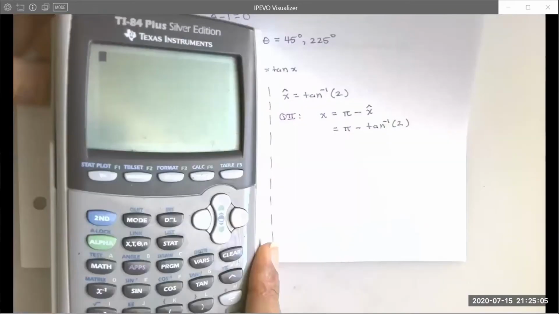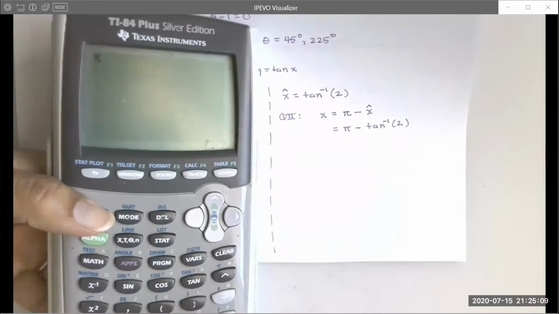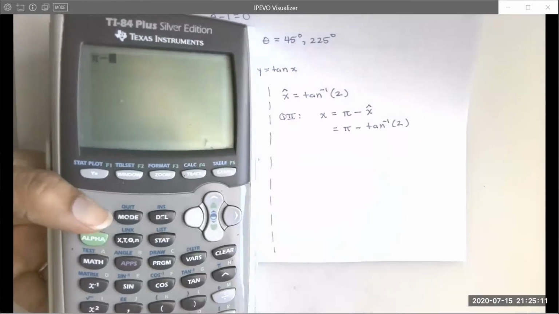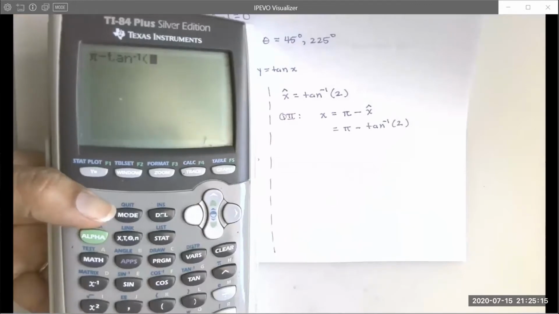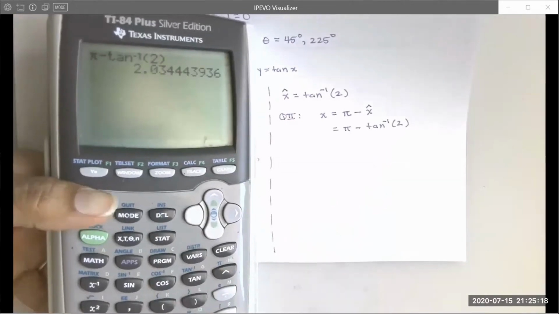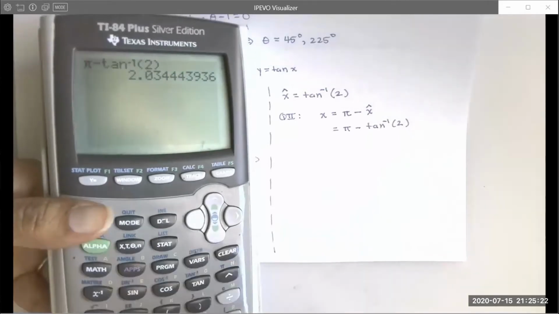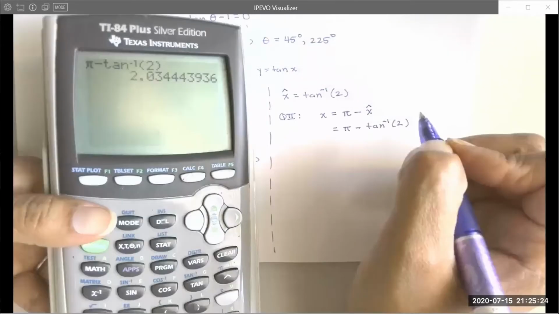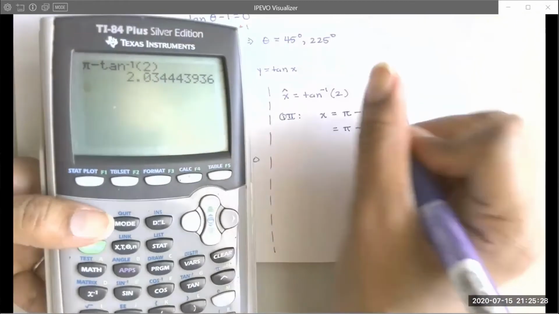So now we can punch it into the calculator. I just wanted us to have a more exact form. That's why I scratched out having calculated tan inverse of 2 by itself first. Okay, so pi minus tan inverse of 2 is going to be approximately 2.0344. Let's make it 4 decimal places.